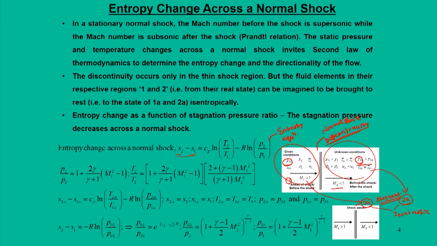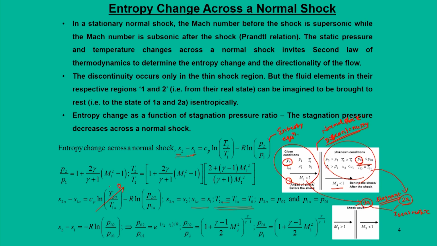But we know that S2A is equal to S2 because this process is isentropic, S1A is equal to S1, and from our previous discussions, stagnation temperature does not change across a normal shock. So this relation holds good, which means this term vanishes.